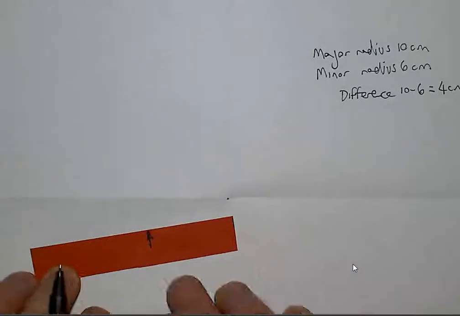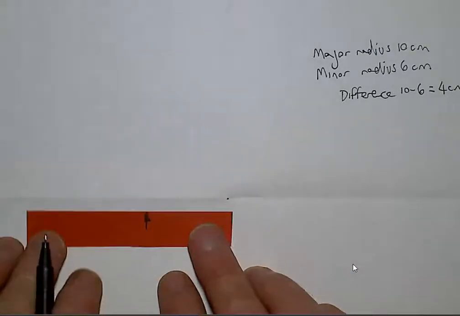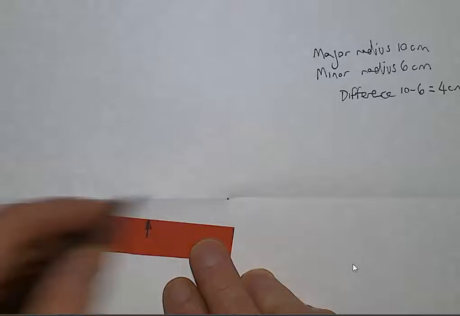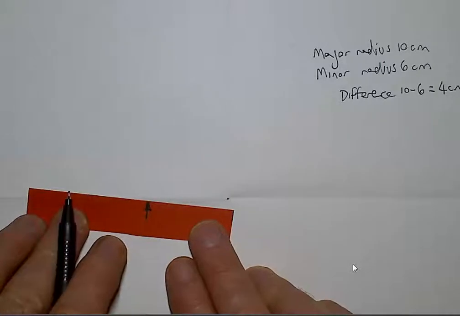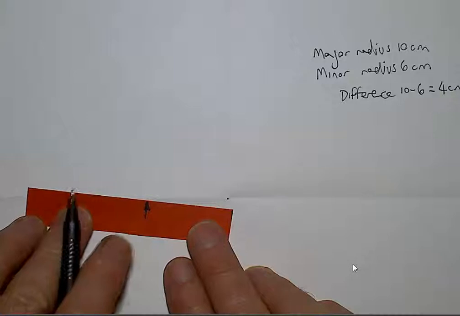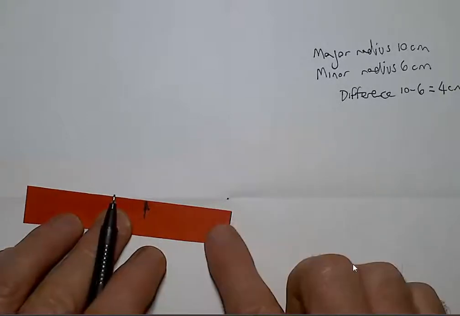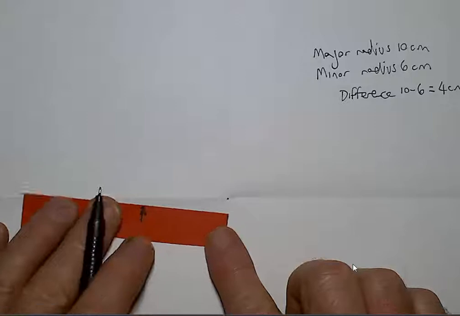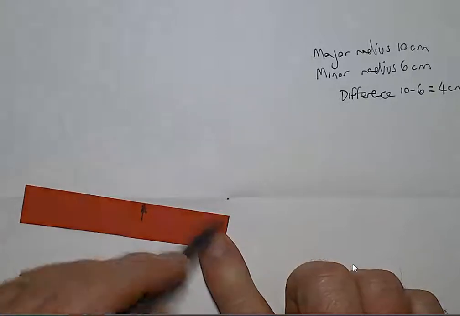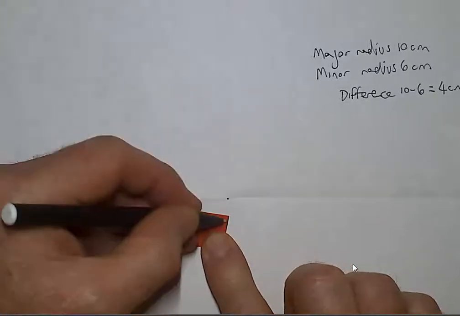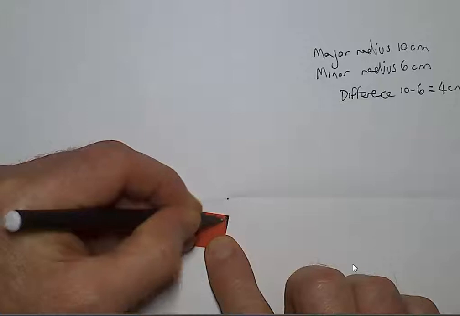Now, what I'm going to do is start on this piece of paper and always keep that mark on the major axis of the ellipse. I'm going to slide this one into different positions, so this end point here is always on the minor axis.